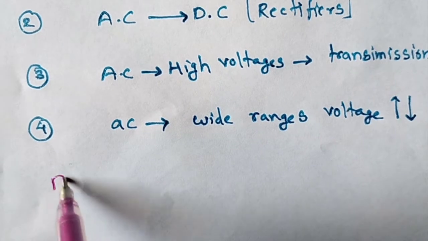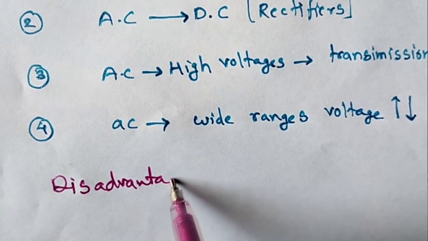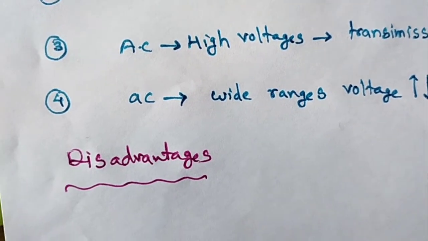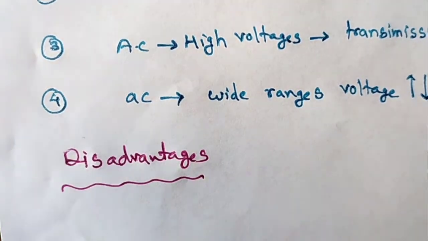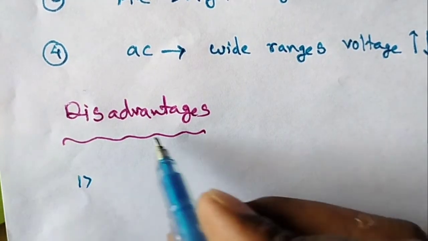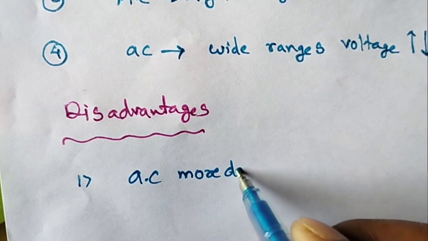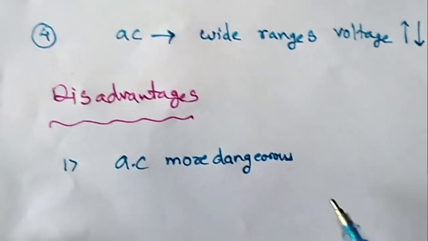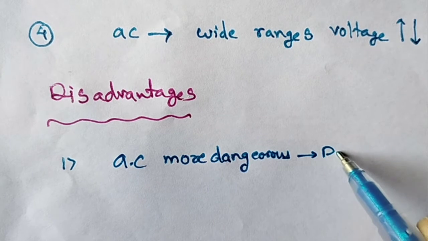So what are the disadvantages? The first disadvantage: AC is more dangerous than DC current.